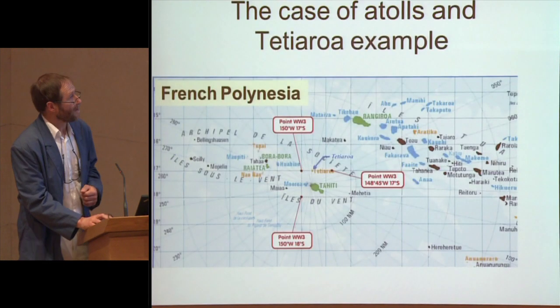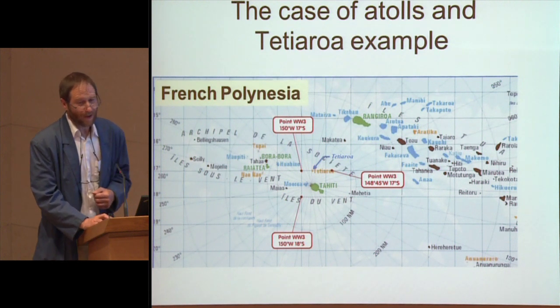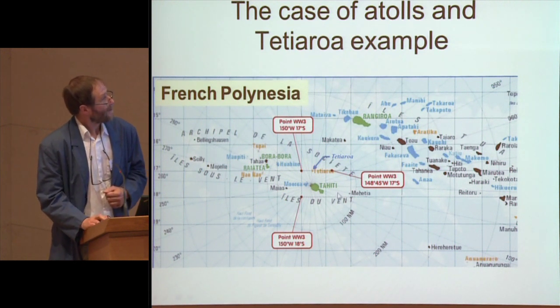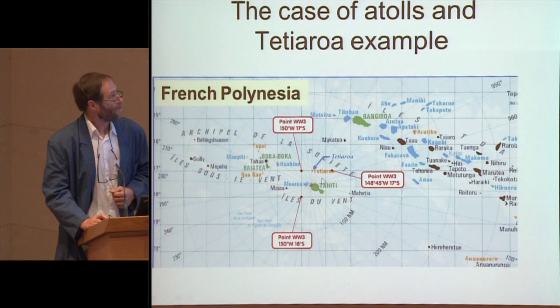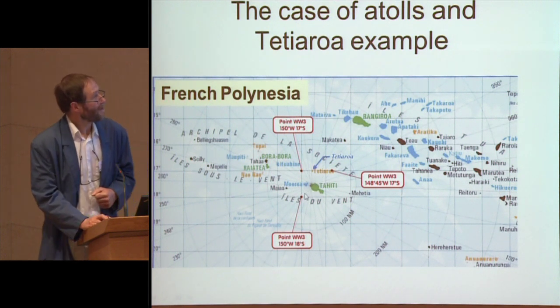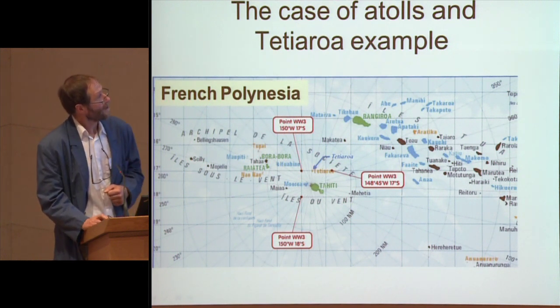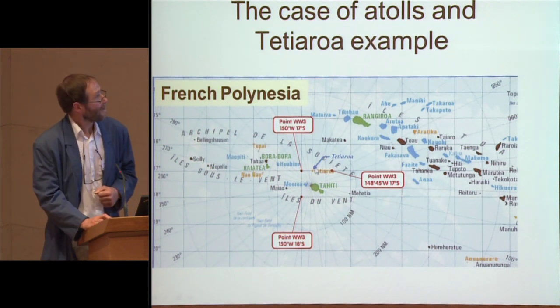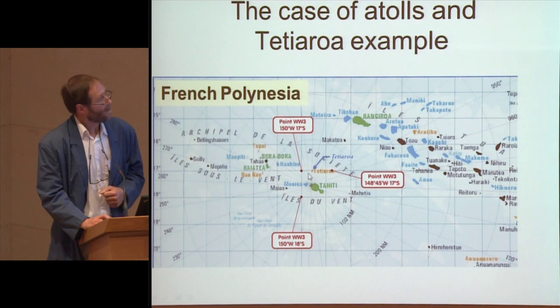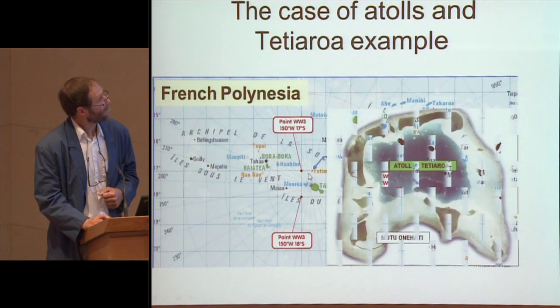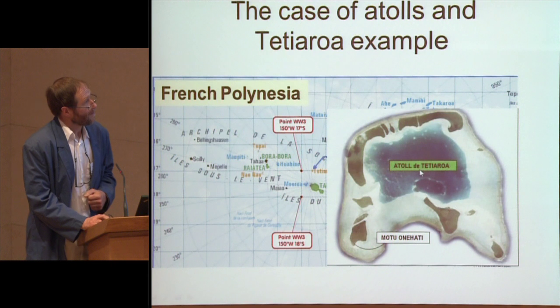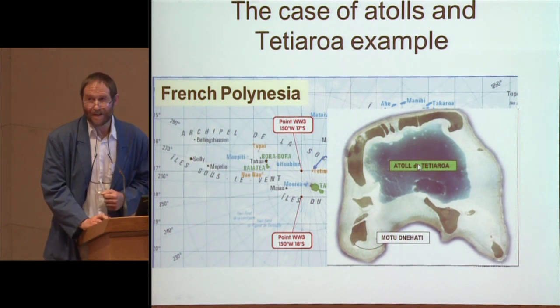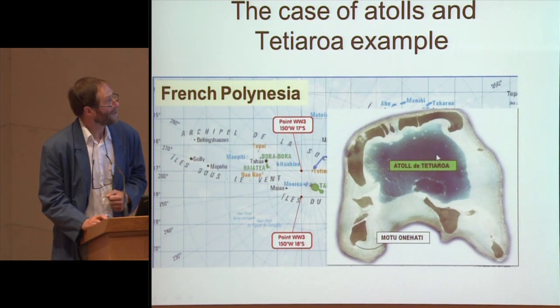The third example is in the Pacific Ocean. You can see here Tahiti Island, French Polynesia, and here the atoll of Tetiaroa. We will present. You have seen yesterday this picture.